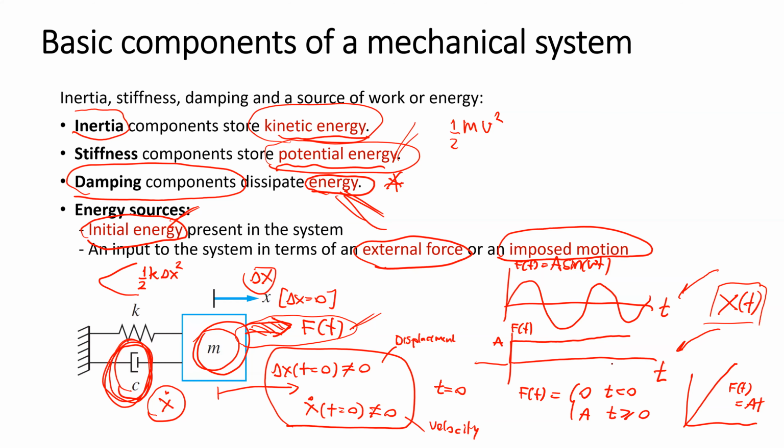Okay, continue. So the imposed motion may be if you have a wheel of an automobile, we have a spring, we have a damper to the wheel, and the wheel is traveling on a contour of the road, and the contour may be defined by y as a function of the displacement x.